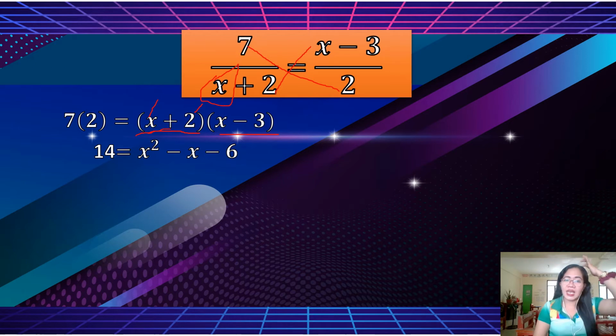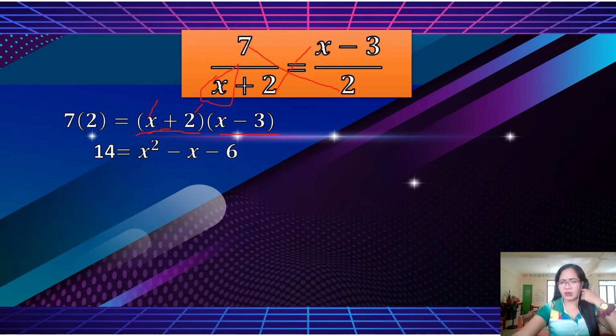Yes, using the FOIL method. But we already know the shorter way, especially if the numerical coefficient of x squared is 1. We can use the sum and product of roots. Can you remember it from the lesson?